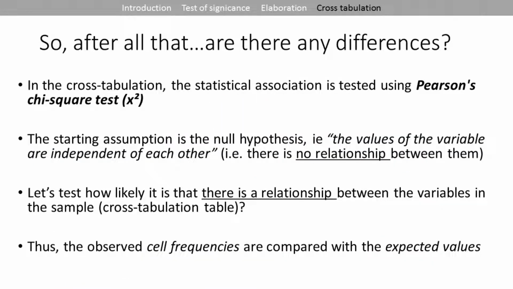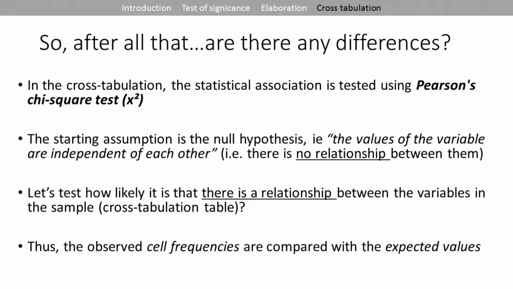Of course, there is still one question. After all that, are there any differences between the independent variable and the dependent variable? In cross tabulations, the statistical association is tested by Pearson's chi-square test. The starting assumption is the null hypothesis, of course, which is that the values of the variables are independent of each other, or aka there is no relationship between them.